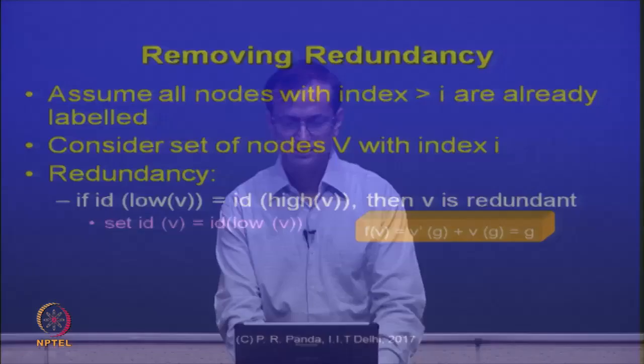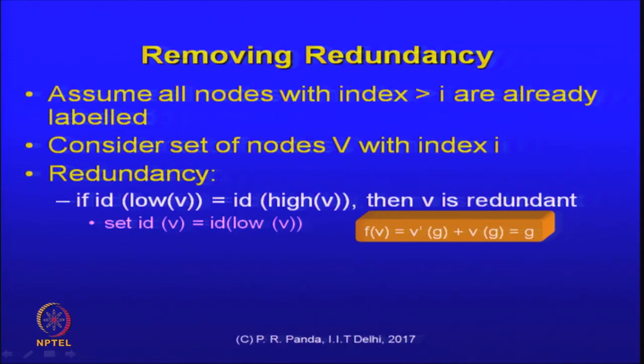So, redundancy removal corresponds to essentially this kind of a check. I say if the label for the low child is the same as the label for the high child, then V is redundant. We are left with this kind of a function. That is V prime times G plus V times G, so G is that function, and we essentially want to make G the value of the parent node also.